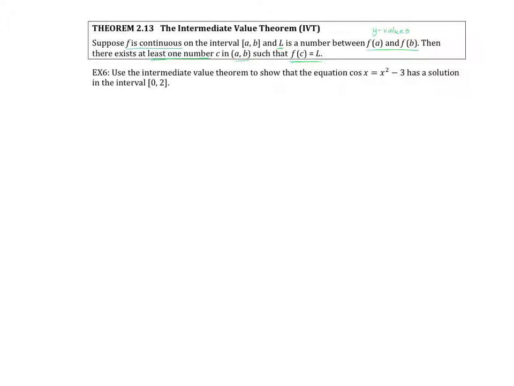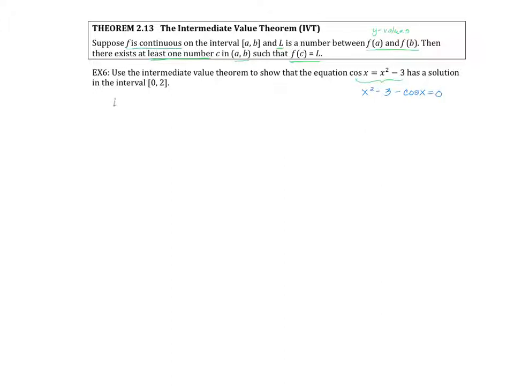Well, first of all, to use this theorem, I need a function. This is not a function, cosine of x equal to x squared minus 3, but I can create a function by subtracting cosine from both sides. So I have something like x squared minus 3 minus cosine of x equal to 0.